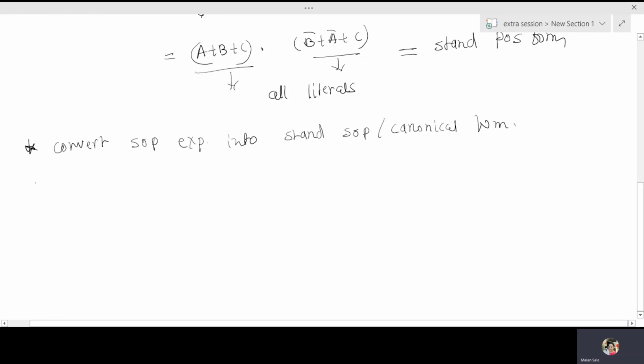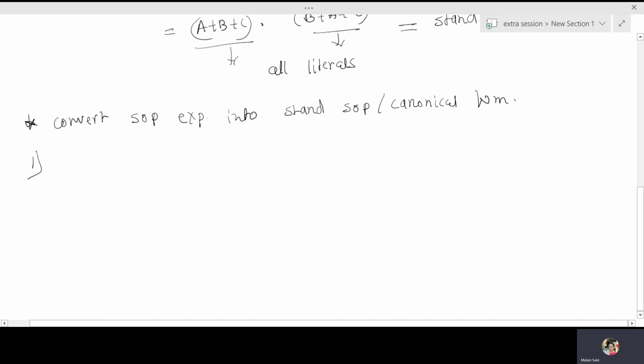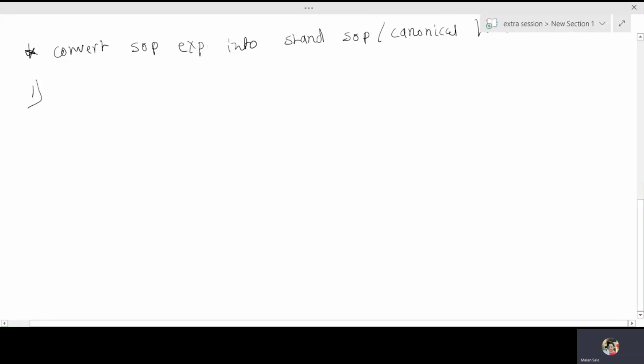The first step we are going to perform is find the missing literal in each product term.